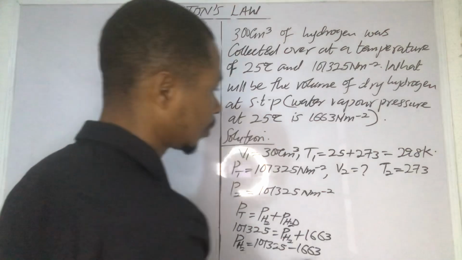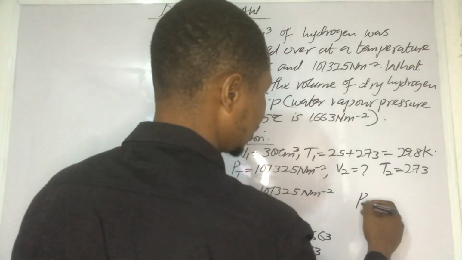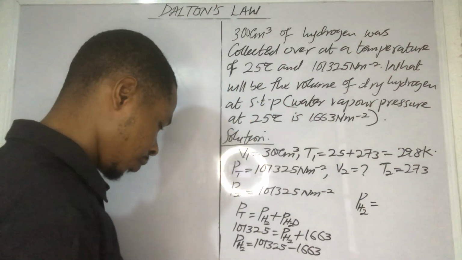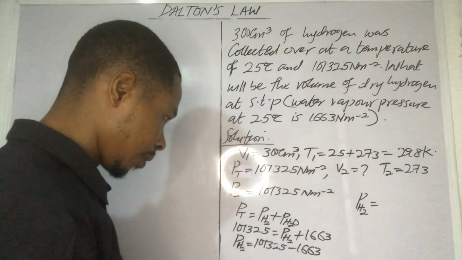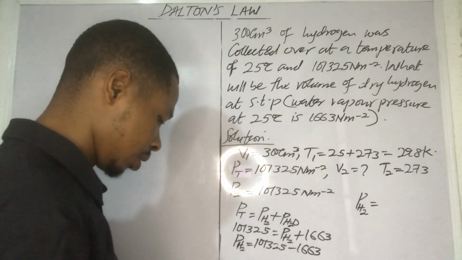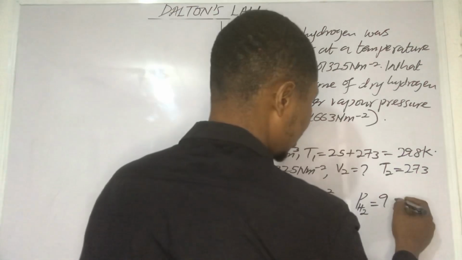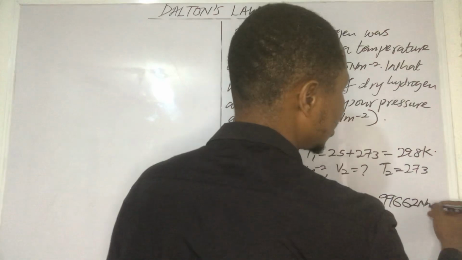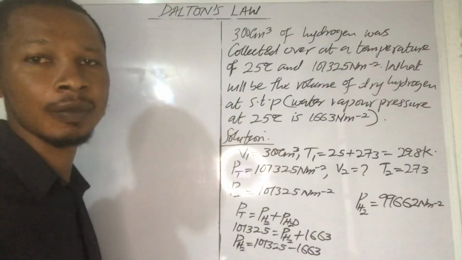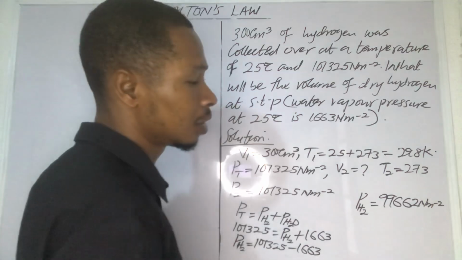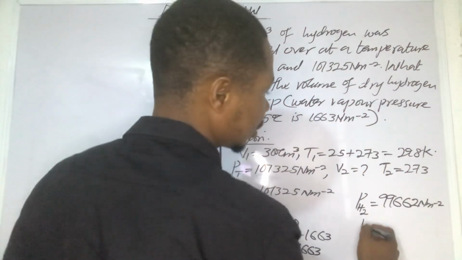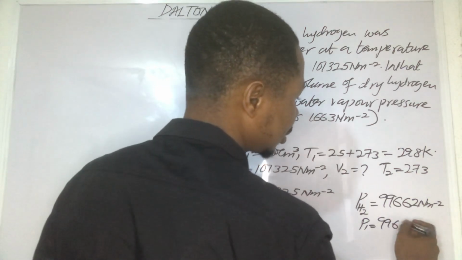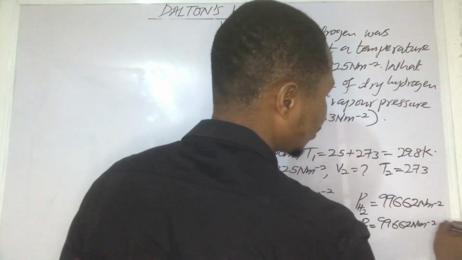So if I subtract this from this, my partial pressure of dry hydrogen will be equal to 101,325 minus 1663, and that will give me 99662 Newton per meter square. So this 99662 Newton per meter square will now serve as my P1. So my P1 is 99662 Newton per meter square.